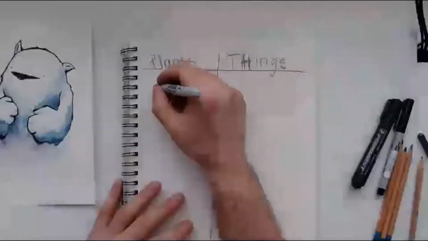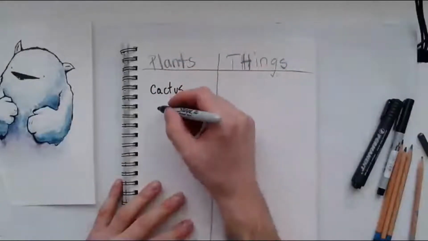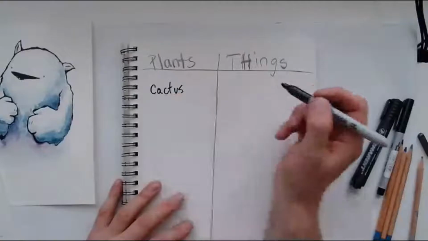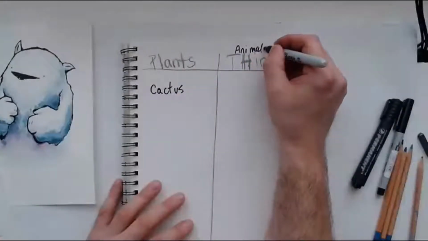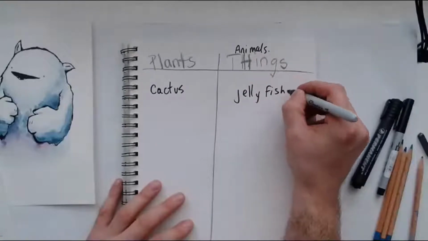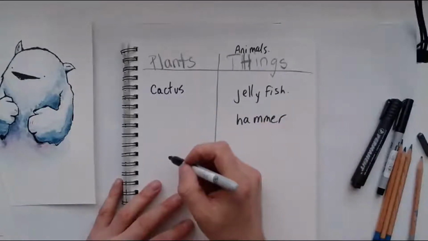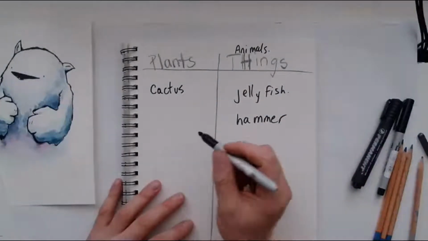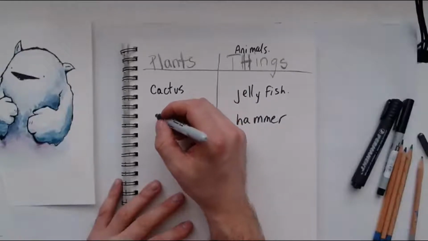All right, so I'm just going to write down a few types of plants. I'll do also animals. Jellyfish, hammer, and you can put whatever you want in your list. I'm just writing down a few of these, or you can work off this list if you like.